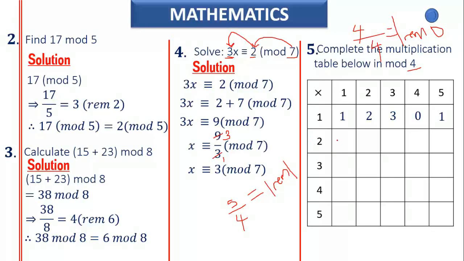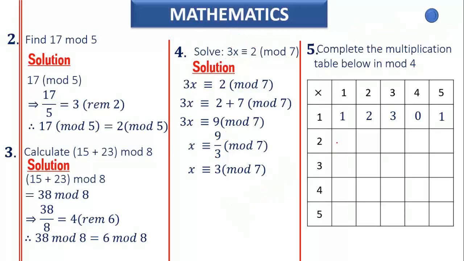The same thing you do for this 2 times 1, that's 2 times 1. So what does it give you? 2. Okay, and then you have 2 times 2, so that will give you 4. And you know 4 divided by 4 as usual is 1, remainder 0.